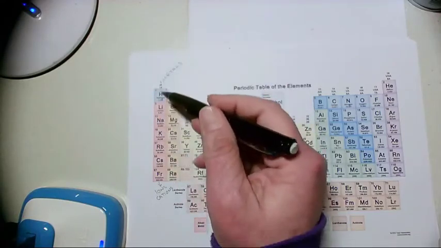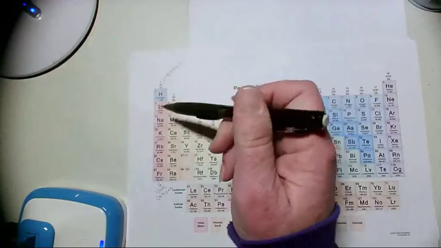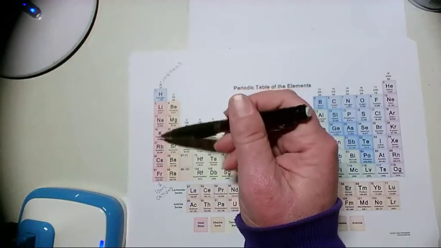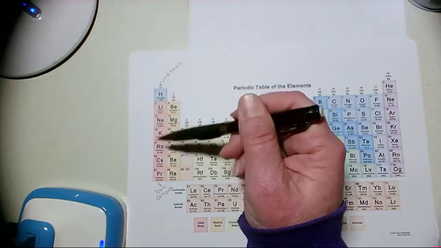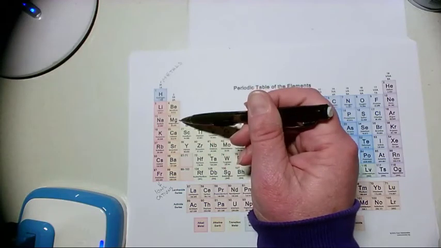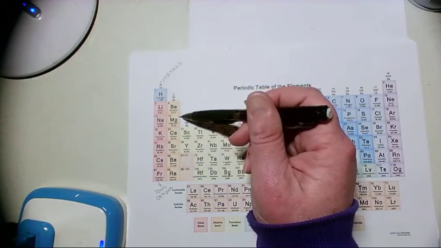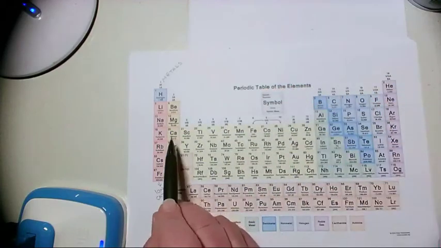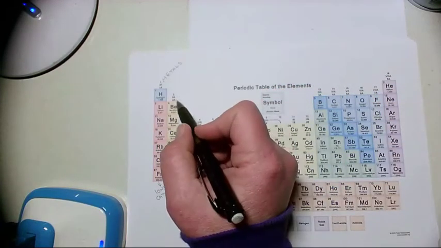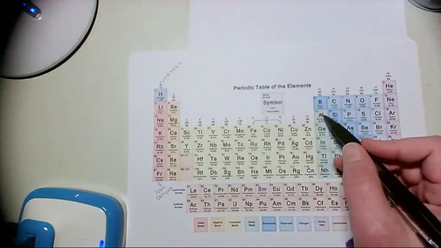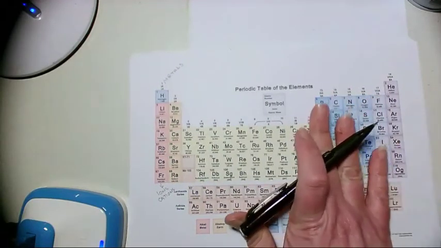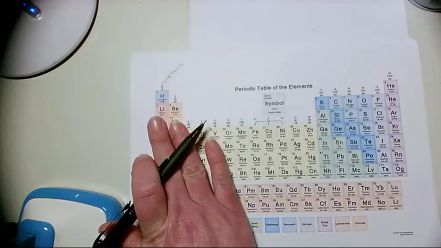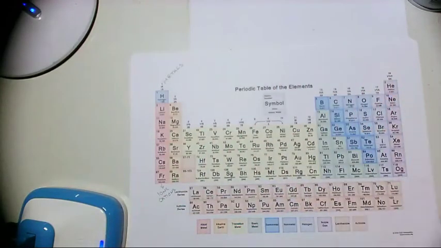Go back for 2 seconds: these aren't abundant, they need to be harvested, so we can't just go and find a sodium ore. But these guys are abundant and easily found. Calcium, that's a big one, but also a metal ion. And these guys also form metal ions, but a little more complicated. So we'll focus on these 2 columns right now and our halogens.